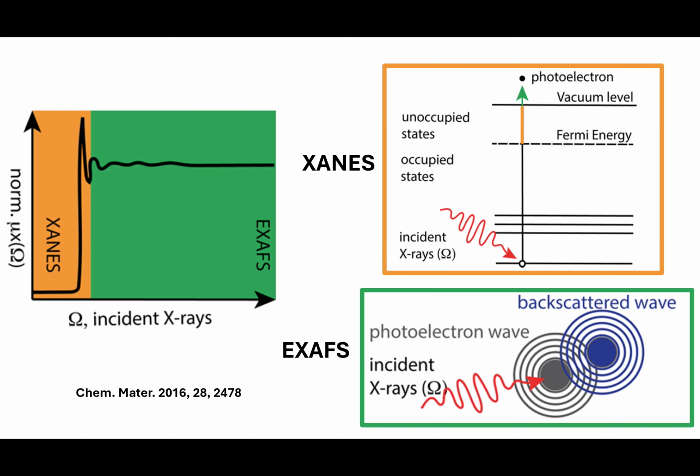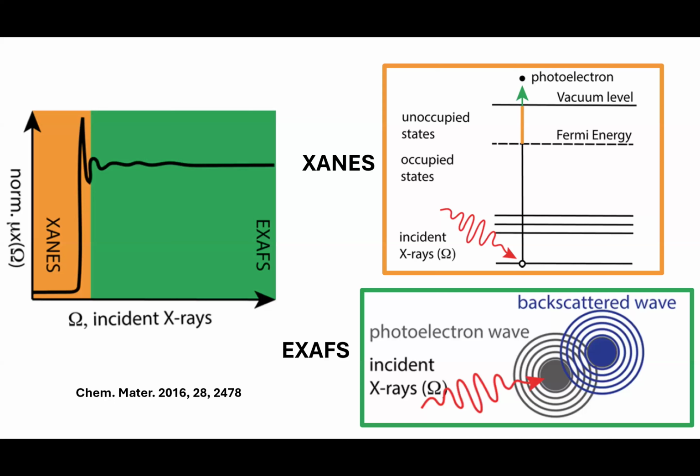So now in the ground state, the electrons are in occupied states. After excitation, they are promoted to unoccupied states, right? And that leaves behind a hole. And there are only certain states that are accessible to this electron.